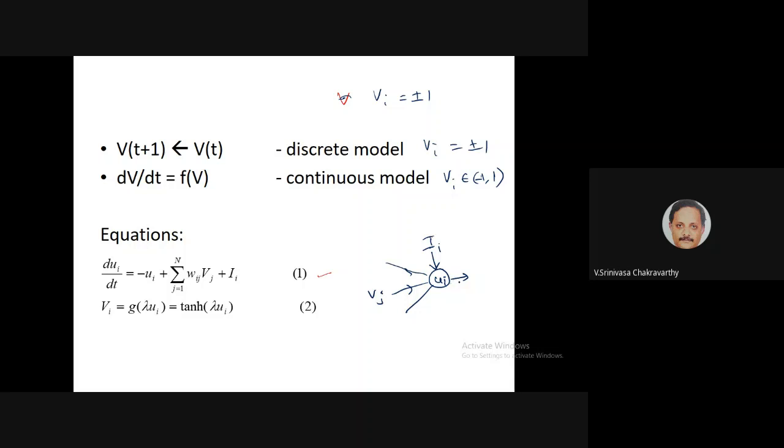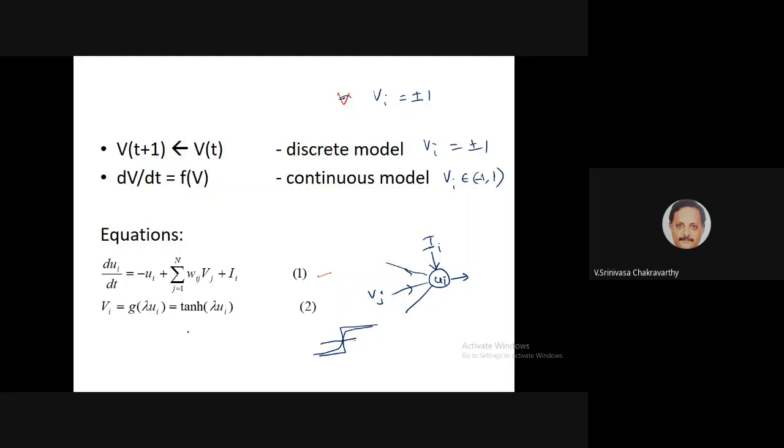Now, given Ui, Vi is simply calculated by applying the signum function. In this case, instead of using the sign function, we need derivatives here. We use a smooth version of the sign function, the signum function. A smooth version of that is the tanh function, which looks like this. So Vi is equal to tanh of lambda Ui.